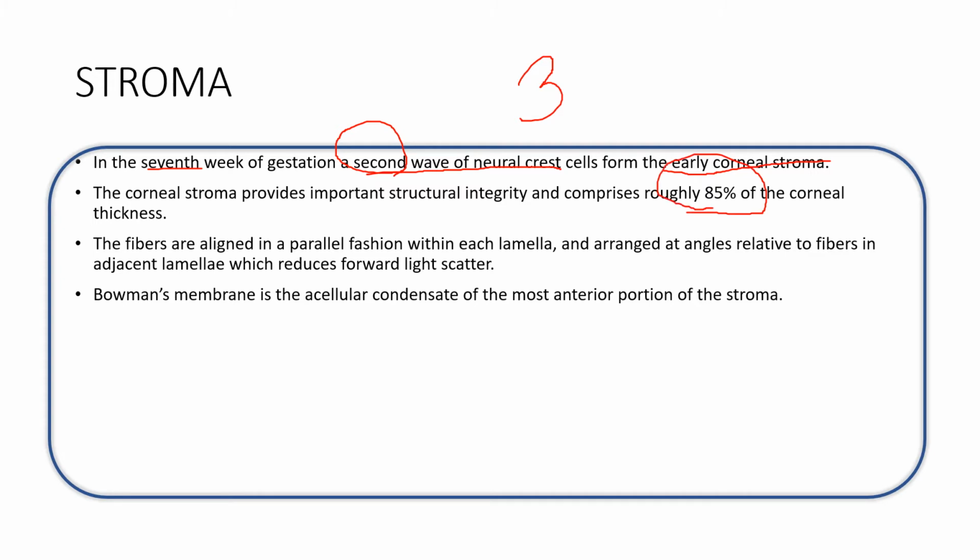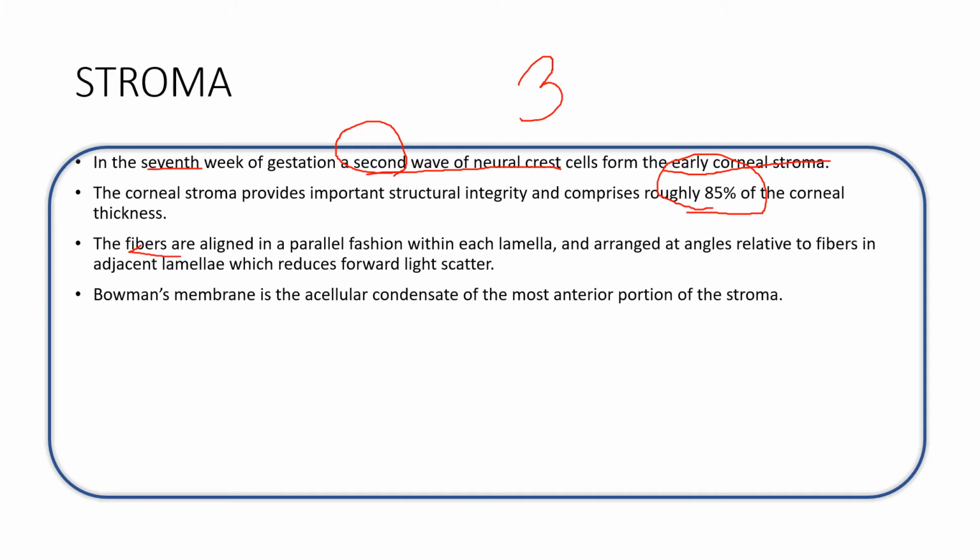Now this stroma differs from other collagenous structures. How does it differ? It is transparent, number one, and it has different biomechanical properties. These functional properties result from the precise organization of stromal fibers and the extracellular matrix. What is this precise organization?